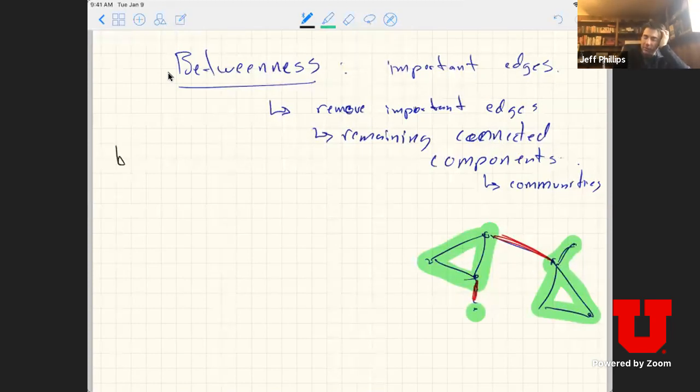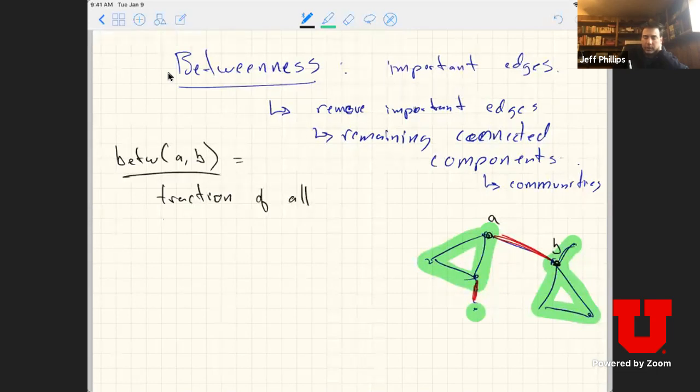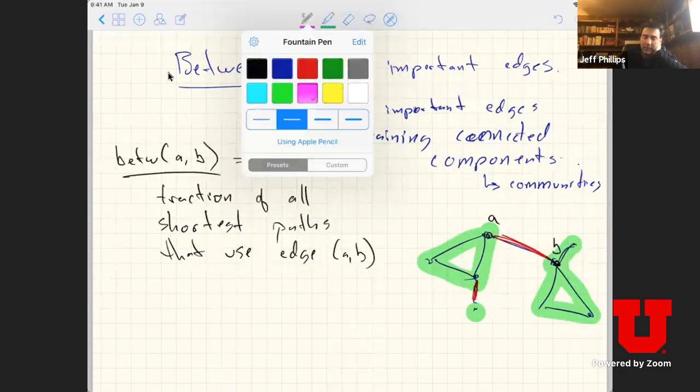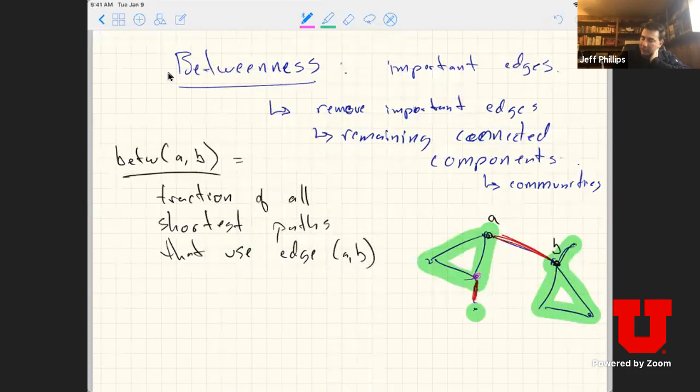So this betweenness is defined as follows. I want to find the betweenness of the edge between vertices A and B. The betweenness would be the fraction of all the shortest paths that use edge AB. If I look at the shortest path between, let's call this vertex C, and this E over here, it goes up here, and I have to use the edge AB to get between C and E. So this is one of the shortest paths.